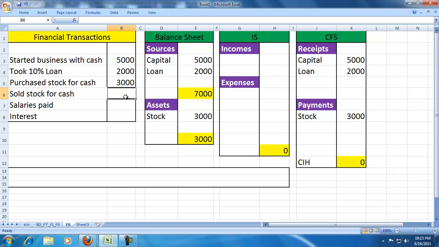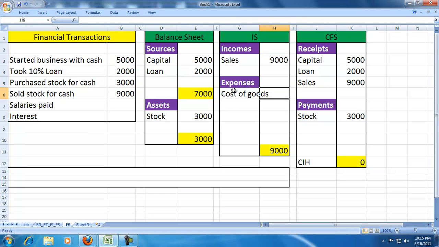Now I'm selling this entire stock. Let's say I'm selling this entire stock for 9,000. This is the first time I'm getting sales, which is an income, and this is for cash. So I'm going to get the sales in the form of cash, so that is a receipt. But whenever there is a sale, the goods will no more be there. So the goods will become an expense, which I am calling the cost of goods sold.